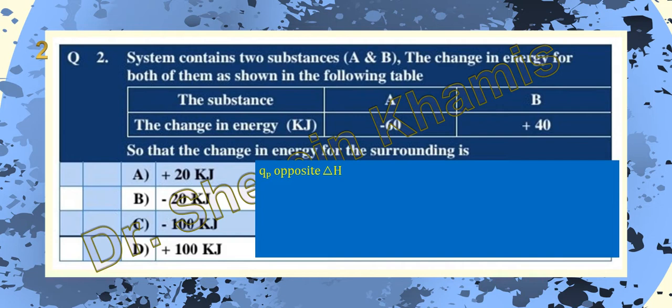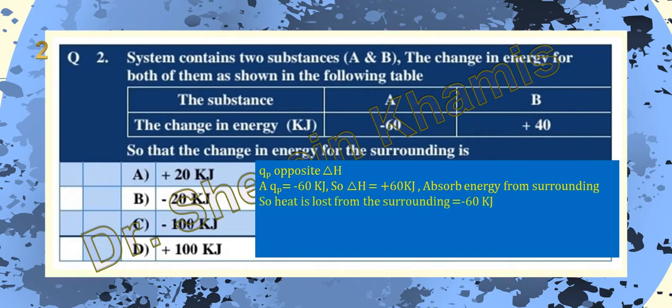Substance A has a change in energy of negative 60, so it absorbs energy from the surrounding. Q here equals negative 60 kilojoule, so delta H, the heat content of substance A, equals plus 60 kilojoule, reversing its sign. So it absorbs energy from the surrounding.